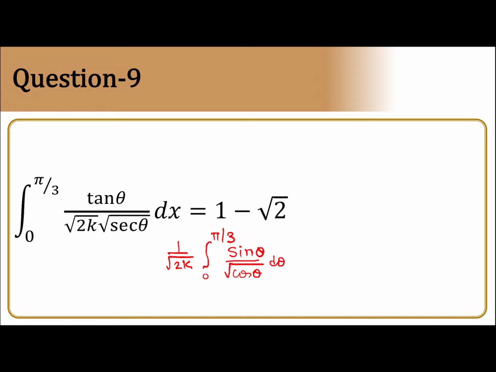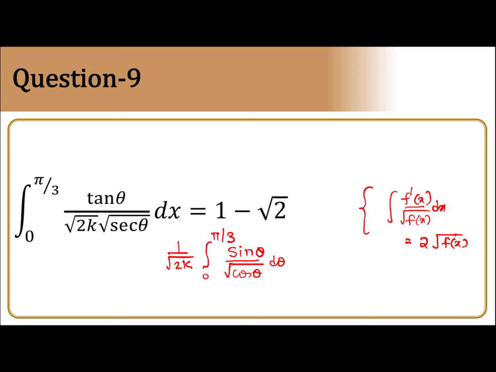Why did we take this problem? The integral of f dash x by root f x dx is equal to 2 root f of x. We can apply this one. The derivative of cos is of course minus sin, so a minus sign will be there.